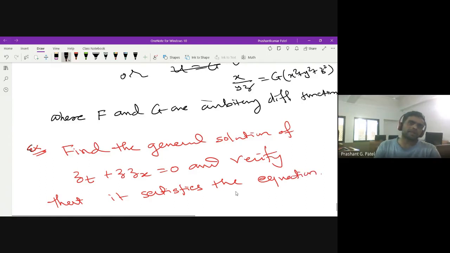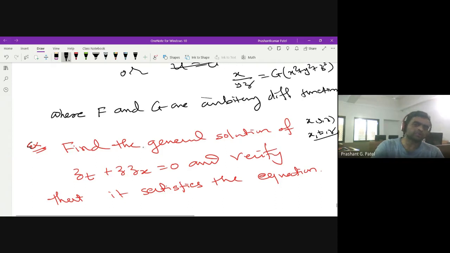Now here a slight change is given. Here the variables are not x, y, and z. The variables are x, t, and z. These are the three variables. Instead of y, we have been given t, so you can see that the first variable is t here.